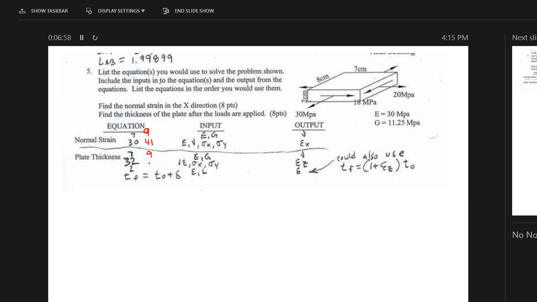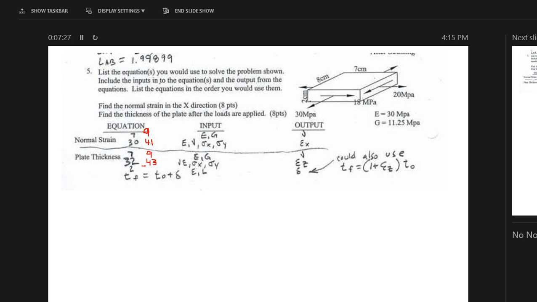And then what do we got there? We're finding epsilon z. That looks like 43 to me. And then we got delta and L, and what do we want to find there? Delta. I guess that would be 3. Yeah, 3.